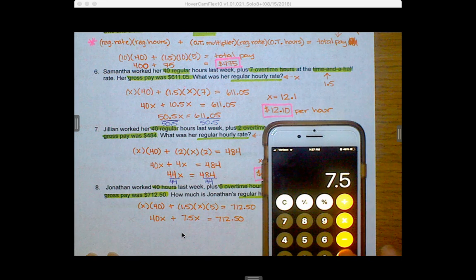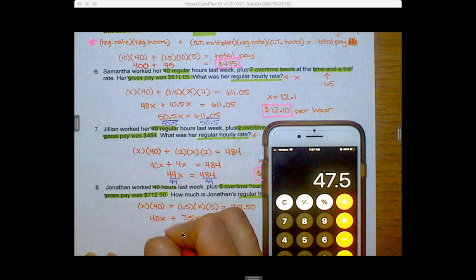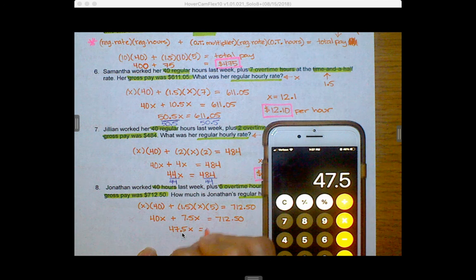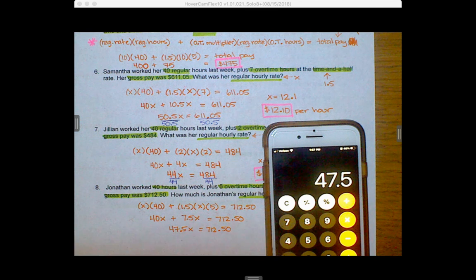So 7.5 plus 40 is 47.5x. That's going to equal $712.50. Last step, I'm going to go ahead and divide both sides by the coefficient of x, which is the number that x is multiplying by.